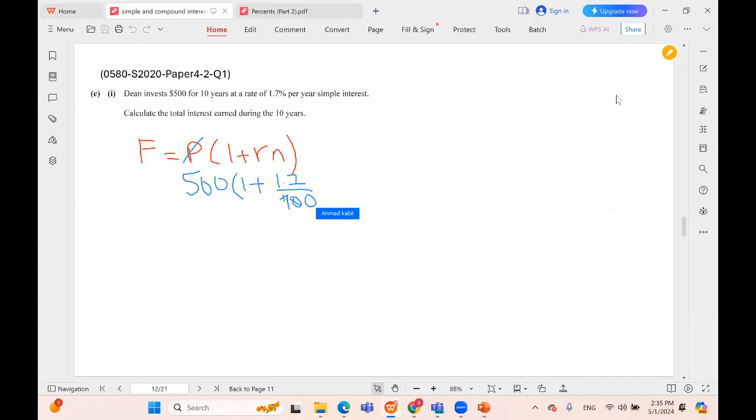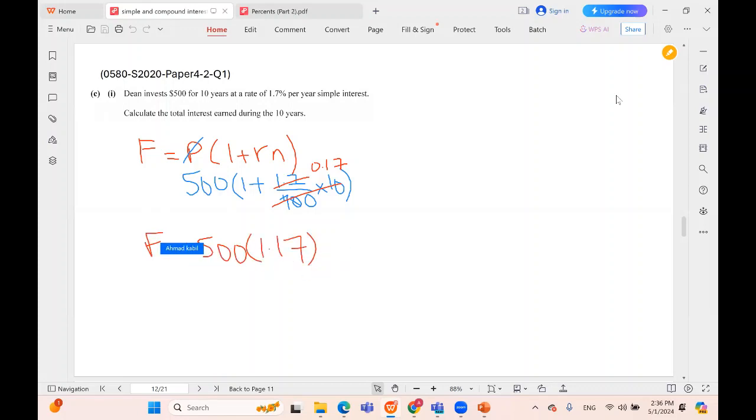1.7 over 100 multiplied by the number of years, which is 10. So if we evaluate this fraction, 1.7 over 100 times 10, this gives us 0.17. So 500 times (1 plus 0.17) is just 1.17.